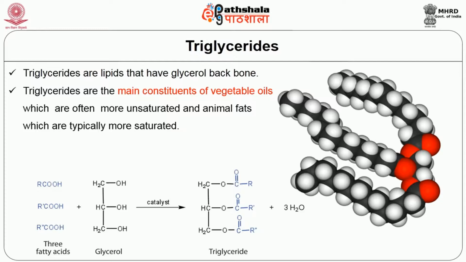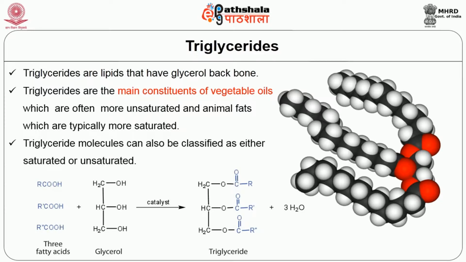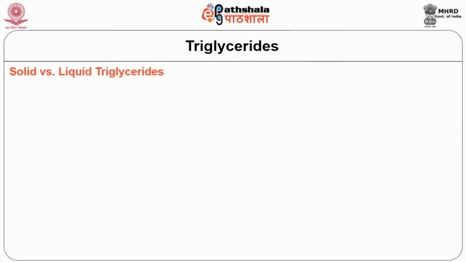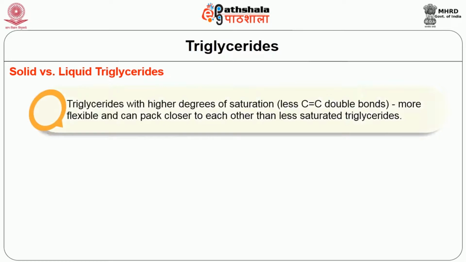Triglyceride molecules can also be classified, as I told you, as saturated and unsaturated. The degree of saturation and unsaturation gives rise to another phenomenon called solid versus liquid triglycerides. Triglycerides with a higher degree of saturation, that is less double bond, are more flexible and they can pack closer to each other than the less saturated triglycerides.